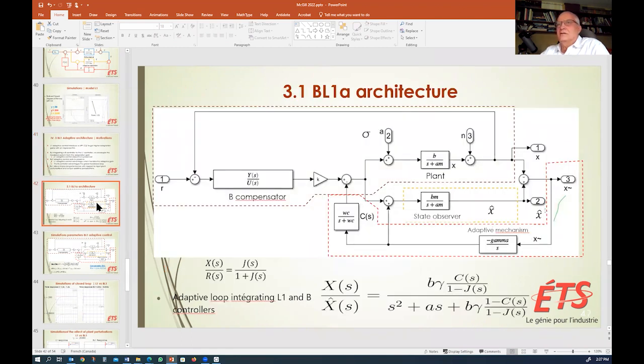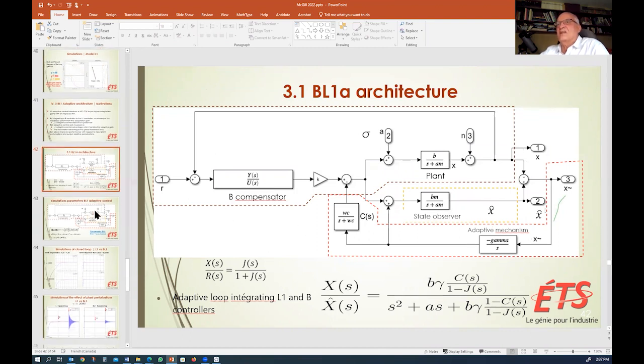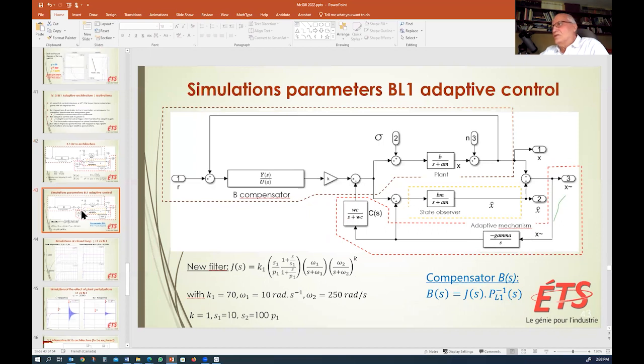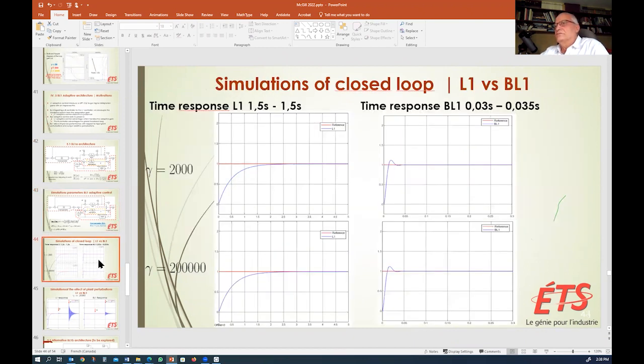I'll show the simplest one, which is to take a setup where this is my system with my L1 controller, and I consider it as a plant, and I am trying to use my compensator for this stabilized plant. It's possible to do it, and those are the parameters I'm choosing, and let's see the results. First of all, the time response, output to input.